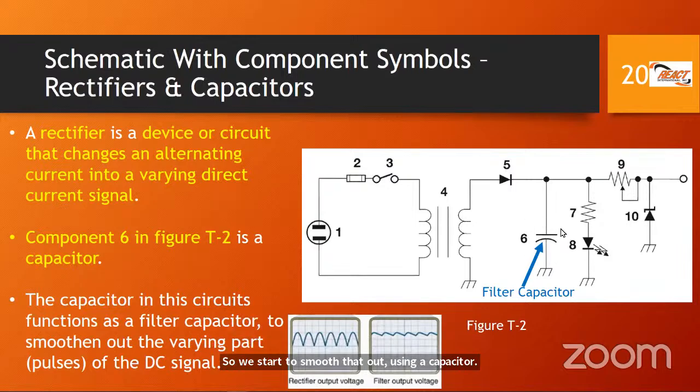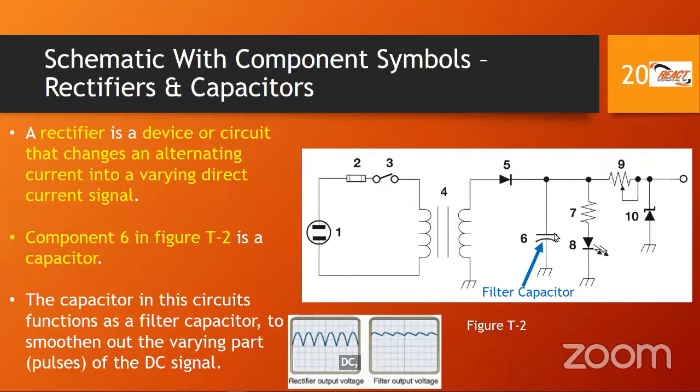After the signal passes through the diode, it starts to get smoothened by the capacitor. It starts to filter it a bit more, and it smoothens from this large pulsating DC. Notice it's smoothened quite a bit here.